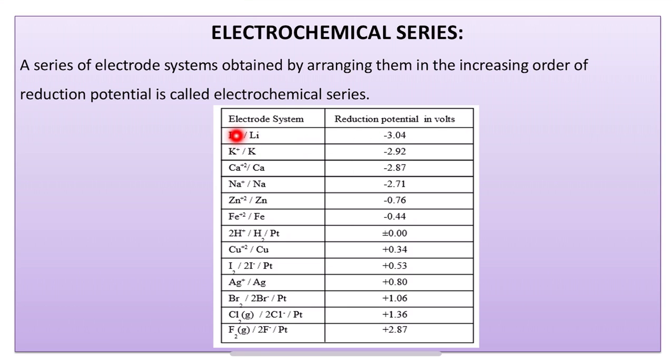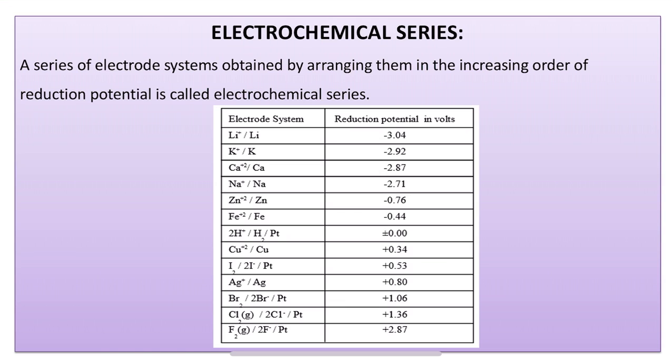If we construct an electrode with lithium, then the reduction potential in volts will be equal to minus 3.04. These are the reduction potentials in volts which have been experimentally determined and finalized.